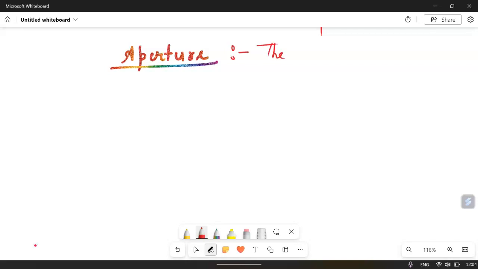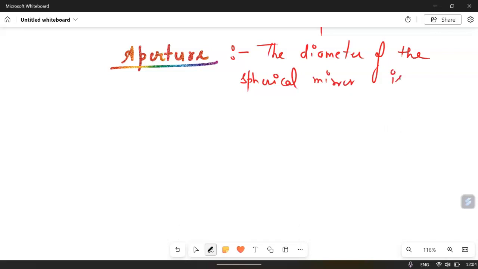The diameter of the spherical mirror is called its aperture. The diameter of the spherical mirror is called its aperture.